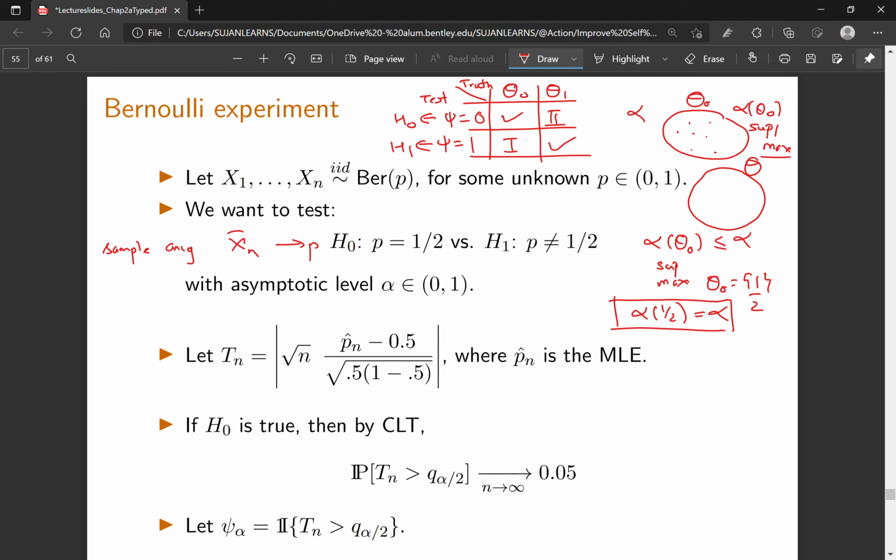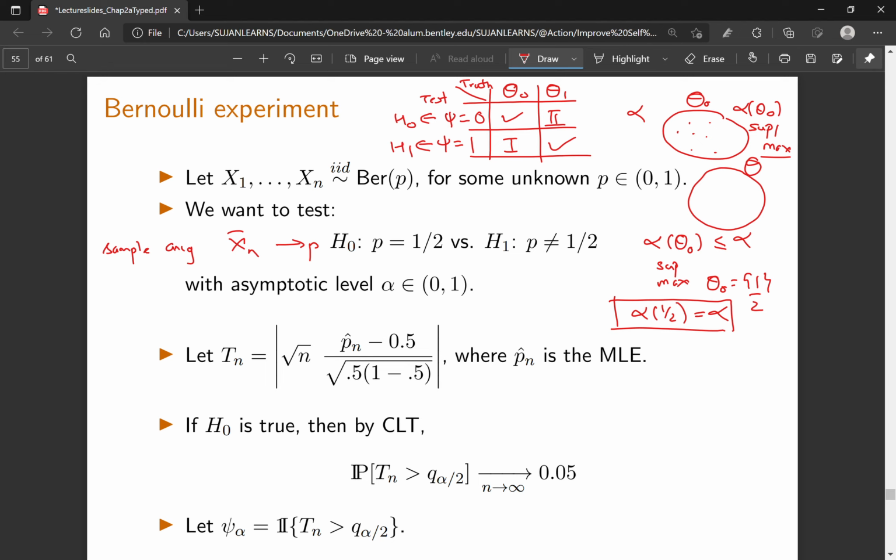Now we have our hypothesis. Second step is to create a test statistic, a statistic for test. How do you do that? Let me show you.